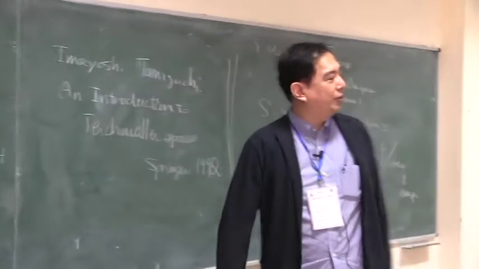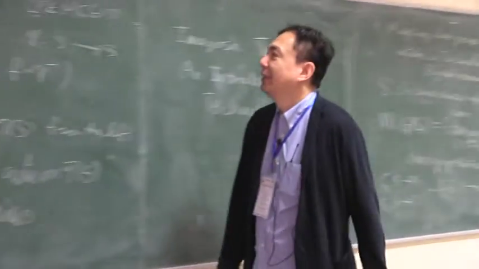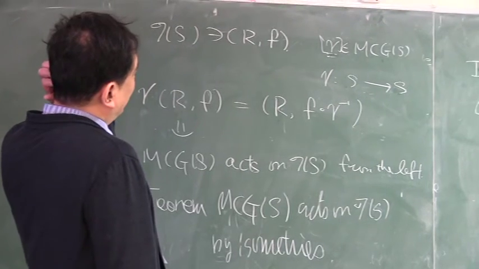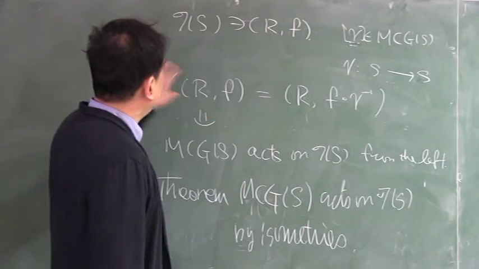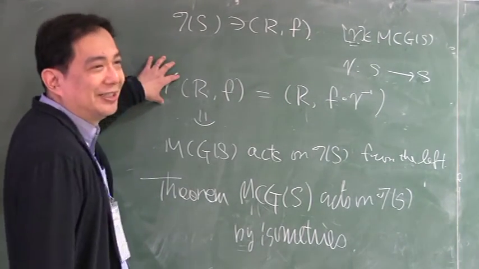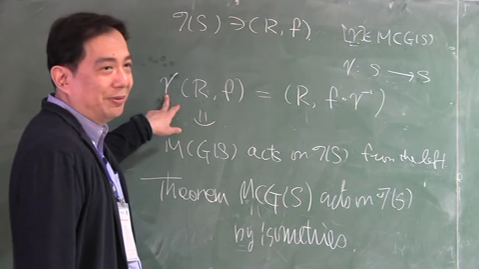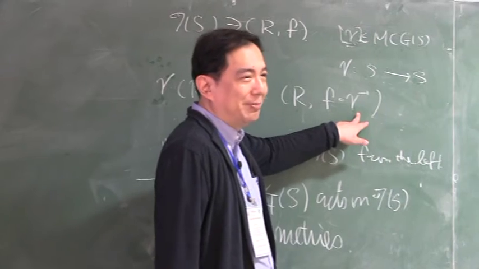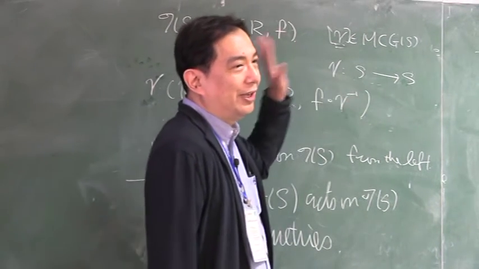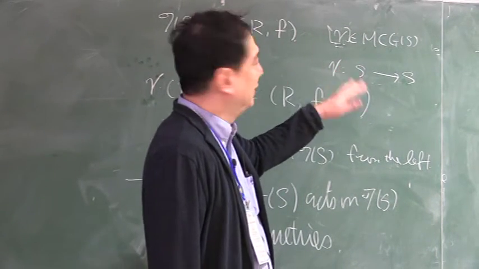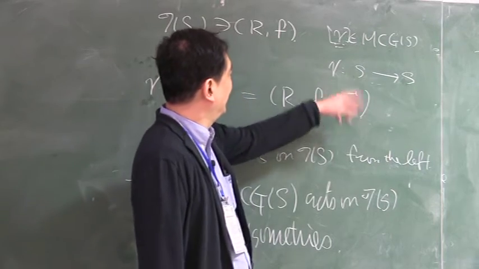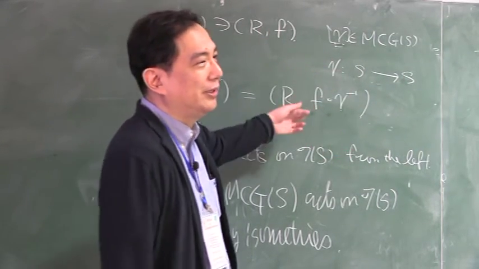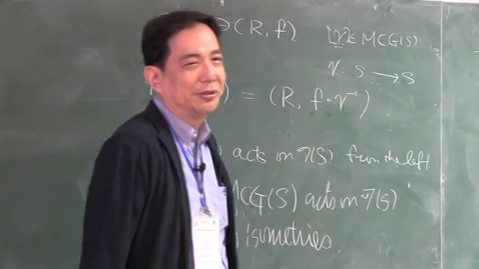Well-definedness. Okay. What do you mean by well-definedness? So if you have another representative of gamma, then you have another gamma inverse here, but they are homotopic. So you have two markings which are homotopic to each other, so it gives the same point in the Teichmüller space.